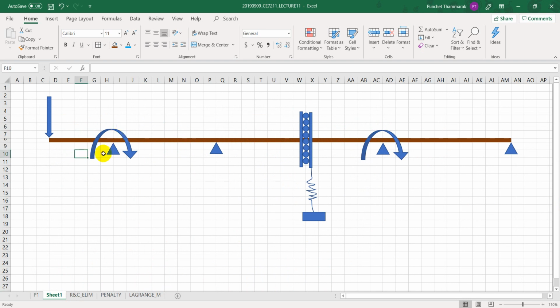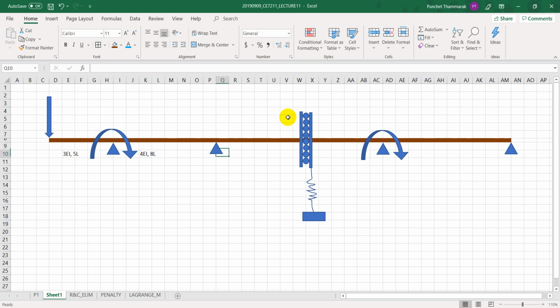Here, okay, I can put many things in here, right? 3EI, and how many L? 1, 2, 3, 4, 5, 5L. Then 1, 2, 3, 4, 5, 6, 7, 8. Okay, 8. 4EI and 8L.